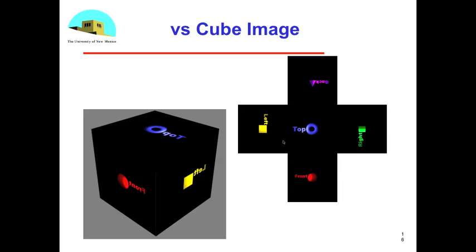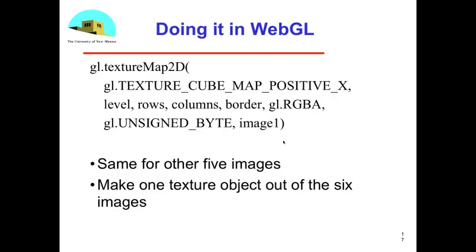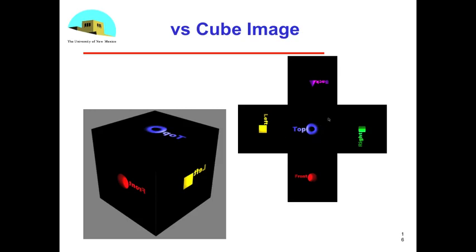Now let's look at what that looks like if we're using these images in WebGL. We use the texture map 2D, but now instead of saying GL texture 2D, we're doing texture cube map, and there's 6 possibilities: the positive X map, the positive Y map, Z map, and then the negative X, Y, and Z maps, and we give each of them an image, which would be one of these images like we formed over here.